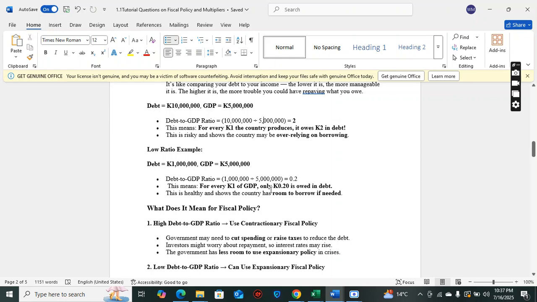So when you've got a low debt to GDP ratio, it means you can use expansionary fiscal policy. You're on safe ground, because you're able to pay off all your debt.